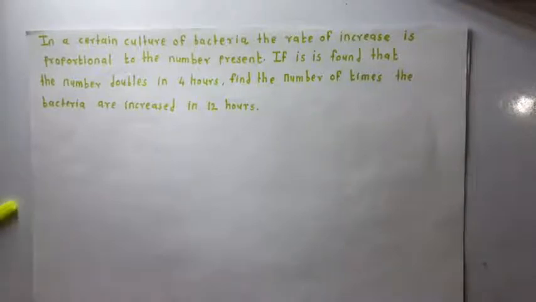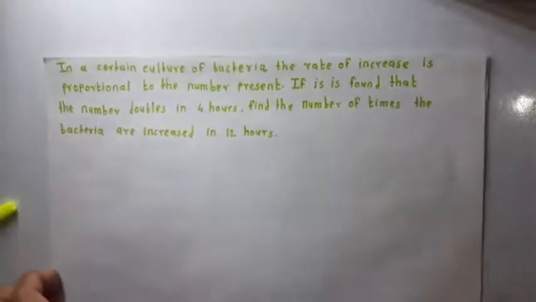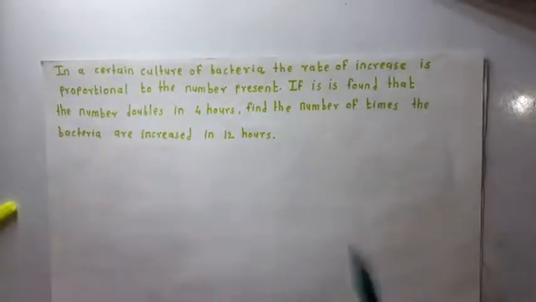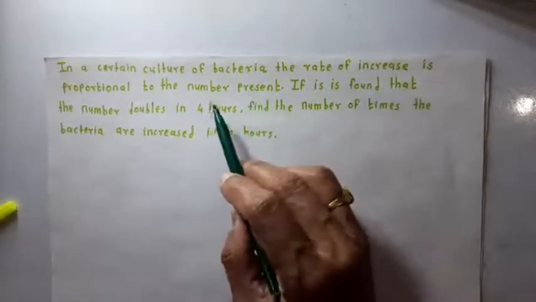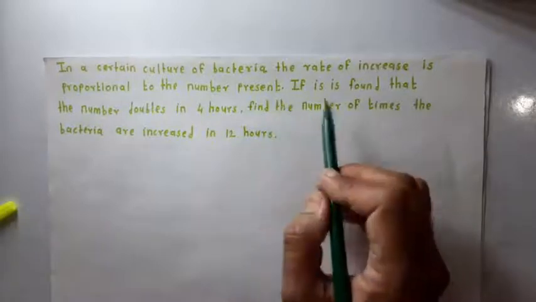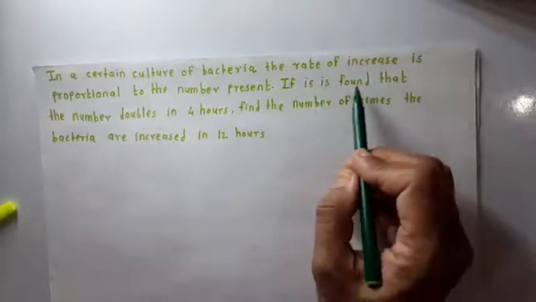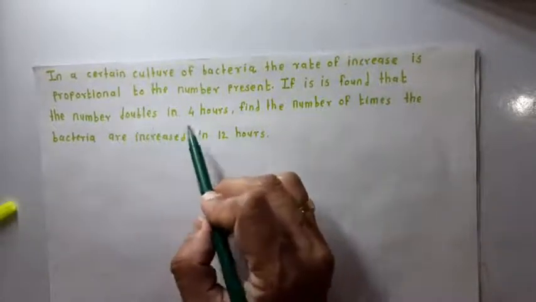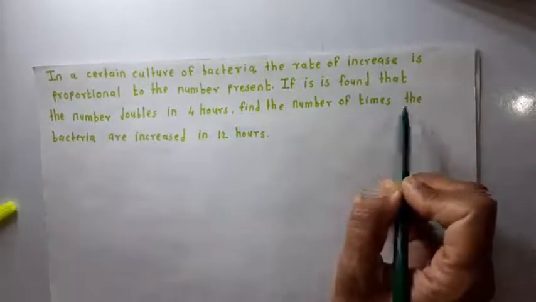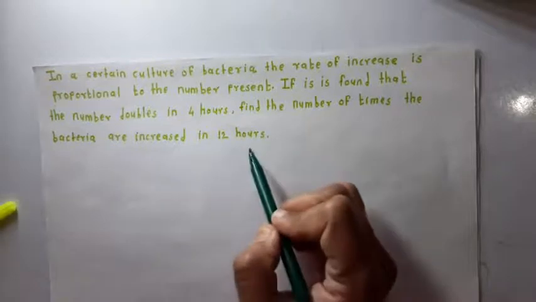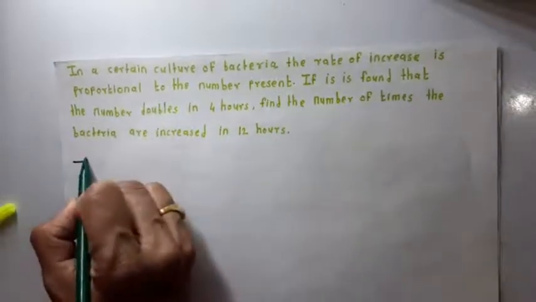The first problem from your textbook is: in a certain culture of bacteria, the rate of increase is proportional to the number present. If it is found that the number doubles in 4 hours, find the number of times the bacteria are increased in 12 hours. Means here the problem is given.